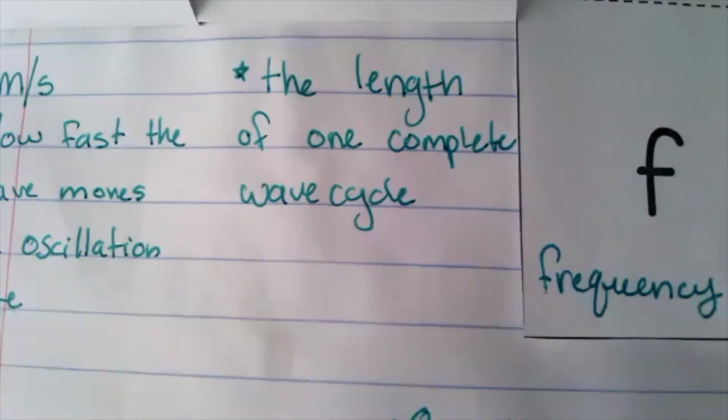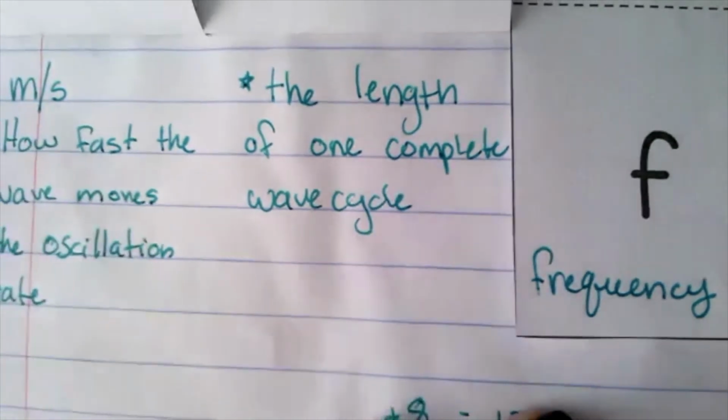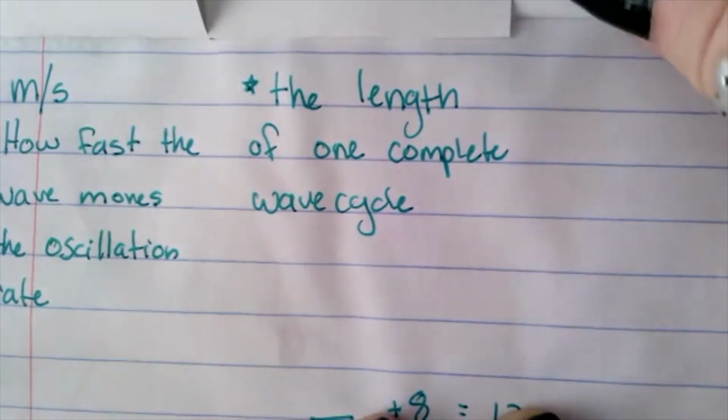Okay, and then of course the frequency is what? What's frequency? What do you know frequency to be? Grace? Frequency is the number of wave cycles in 1 second. Correct.